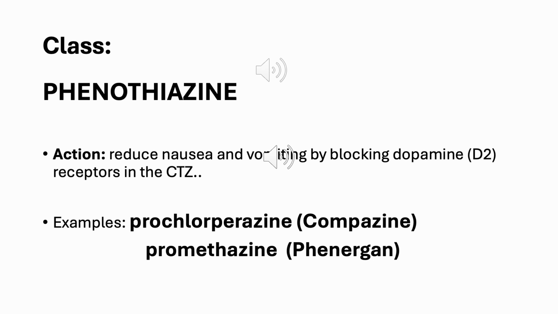Phenothiazines are a class of antiemetic drug that reduce nausea and vomiting by blocking the dopamine receptors in the CTZ of the brain. And for this reason, drugs in this class are also called dopamine antagonists.